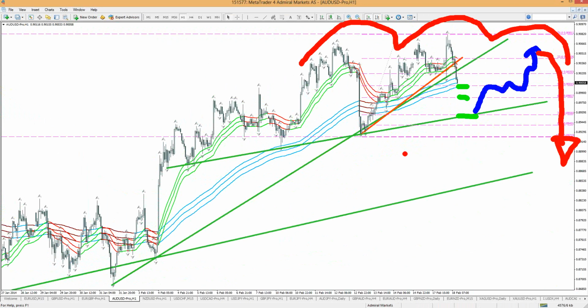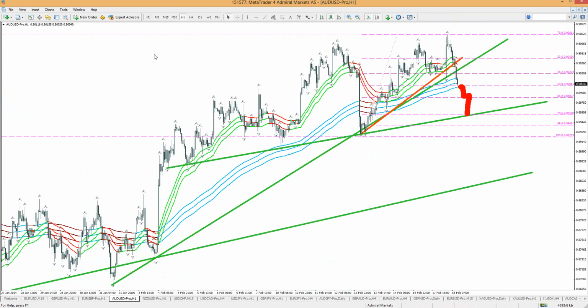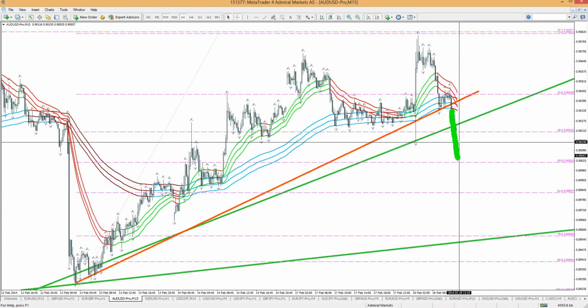And hopefully it will break through. That would be great. If it doesn't though, then at least we've protected the trade or the capital, maybe by not giving back too many pips, because we already made a big downside here.